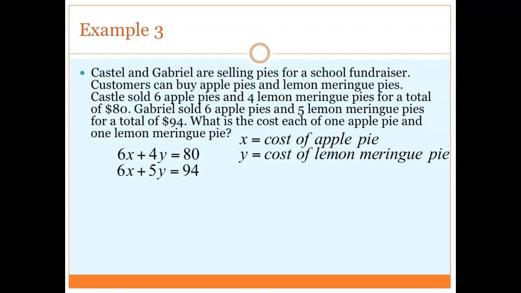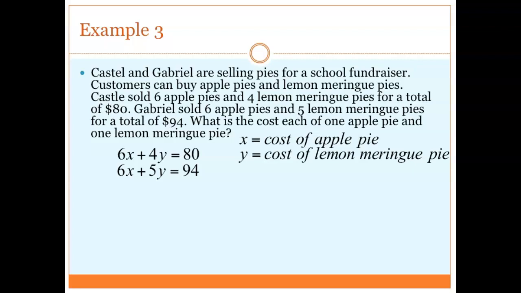Alright, so from here, it looks like substitution is going to be fairly difficult, not impossible, but you'll end up working with fractions. But we do have a 6x and another 6x here, so maybe we can try doing elimination. That means that we have to multiply one of these equations by -1 so that we will have a -6x and a positive 6x canceling each other out.